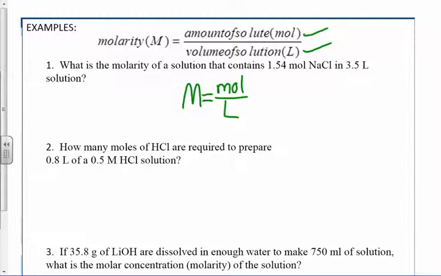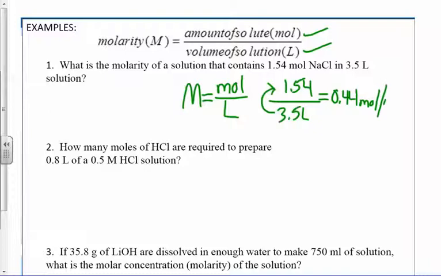It's easy to memorize, but you don't have to. So the number of moles that we're given is 1.54. The number of liters of solution is 3.5 liters. So we're just going to divide 3.5 into 1.54, and we're going to come up with 0.44 moles per liter. So that was a pretty straightforward one, pretty easy.